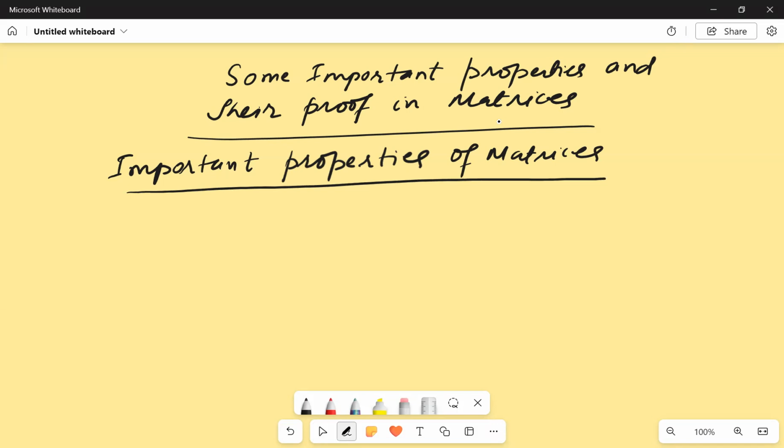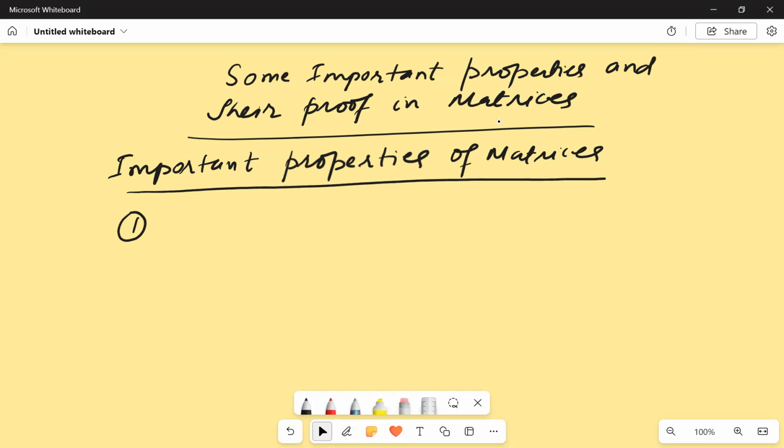So the first property is related to conditions on multiplication. I will explain conditions as well as symbolic proofs like transpose, inverse, adjoint, where symbols will be used and we need to prove it. Okay.